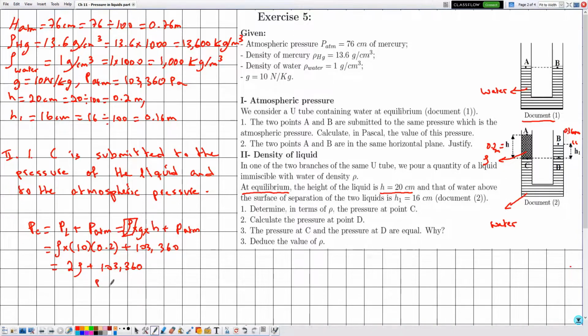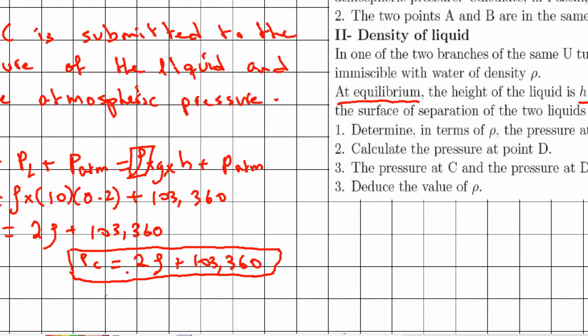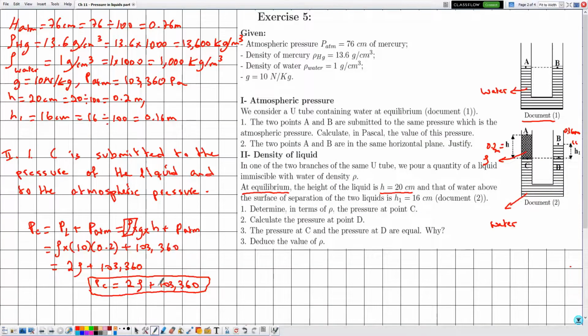So the total pressure at the point C is given by 2 rho plus 103,360. Notice that I didn't include any unit for the pressure at the point C, since it's simply expressed as a function of another variable. So it's more convenient to not include any unit. Then here let me write that the pressure at the point C is given by the double of rho plus 103,360.